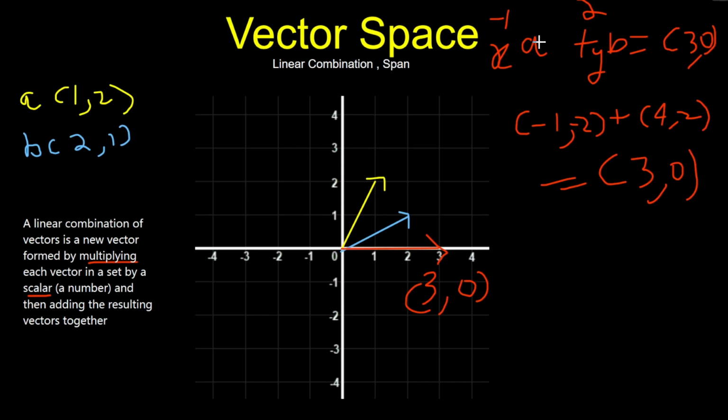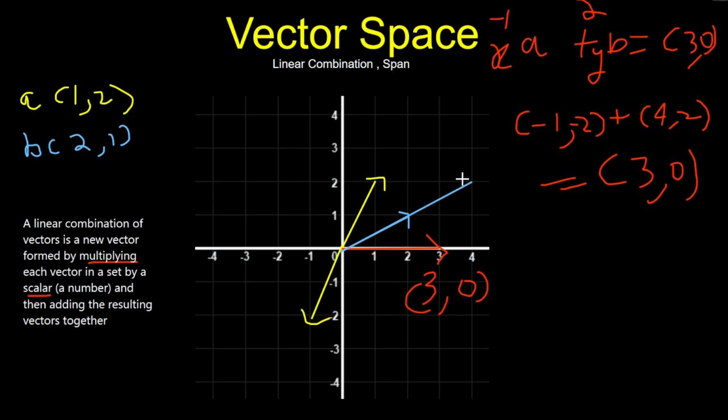So let's see this graphically. Here what we are doing is we multiply this vector A by -1, which means we are scaling it in the opposite direction. So let me extend the vector A in the opposite direction. So it's -1, -2. It's here. And we are extending vector B in the same direction by the scalar value 2, which means multiplying by 2, so it grows in size, doubles in size.